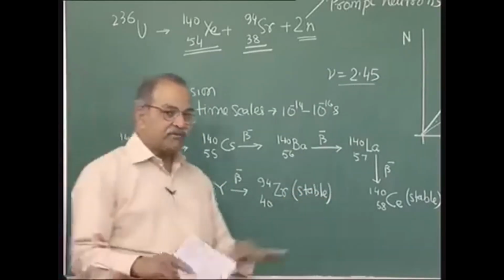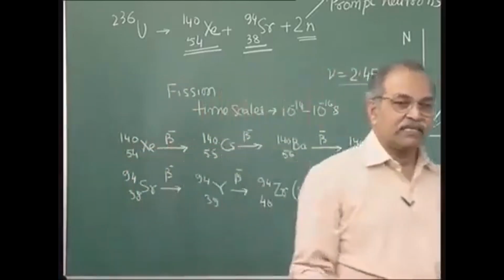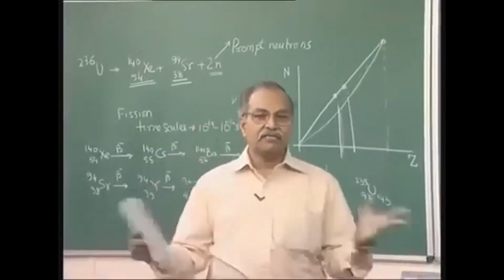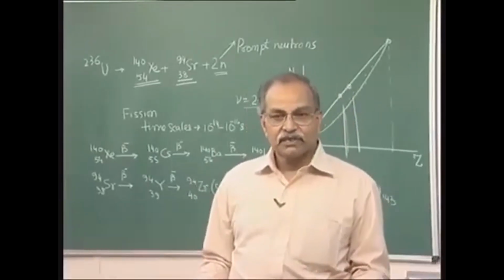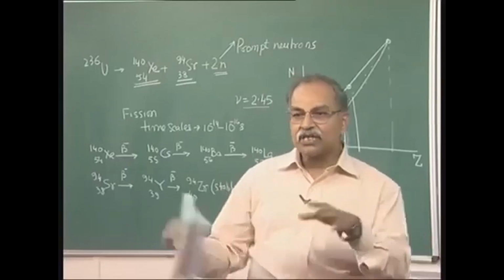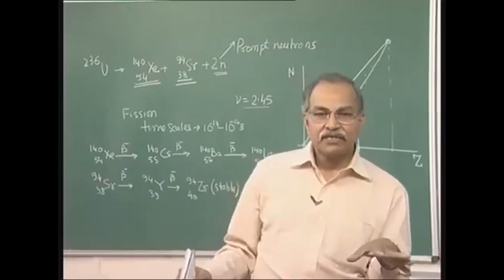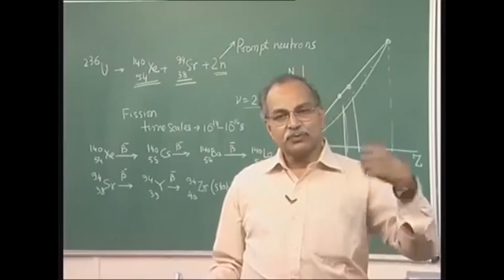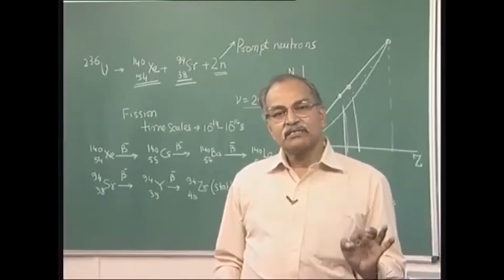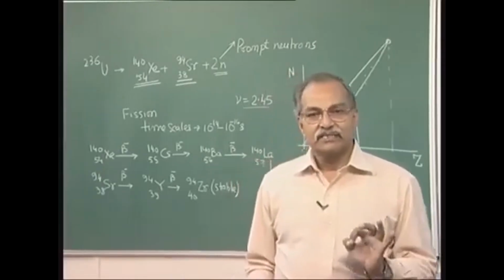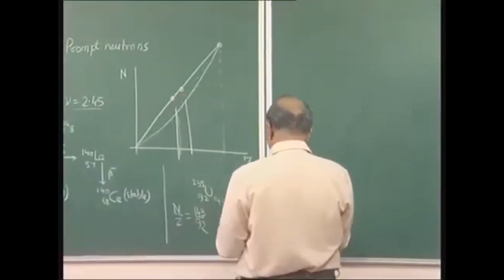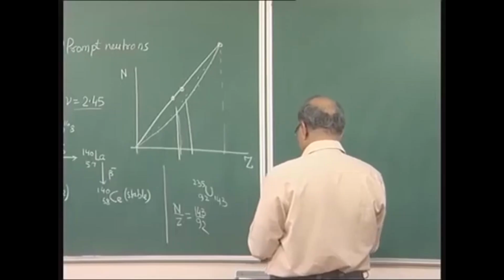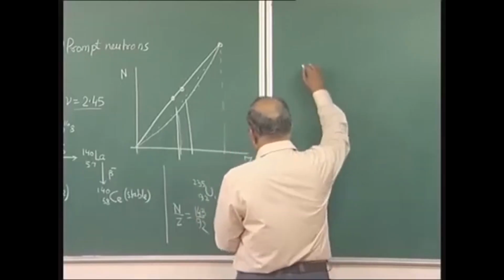So, the fragments in this fission first emit a few neutrons to reduce their neutron number, and after that neutron emission becomes energetically unfavorable, and then neutrons convert into protons emitting beta particles to get to stability. One more reaction I will write, let us say 97.